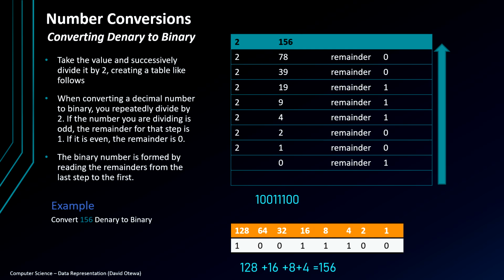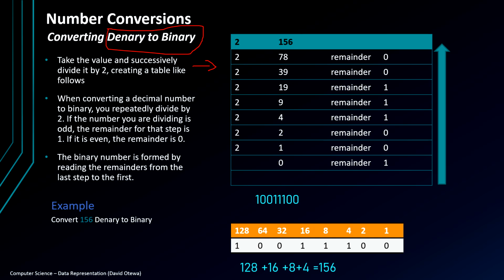Now the next topic is converting denary to binary. The first step tells us to take the value and successively divide it by 2, creating a table like this. When converting a decimal number to binary, you repeatedly divide by 2.